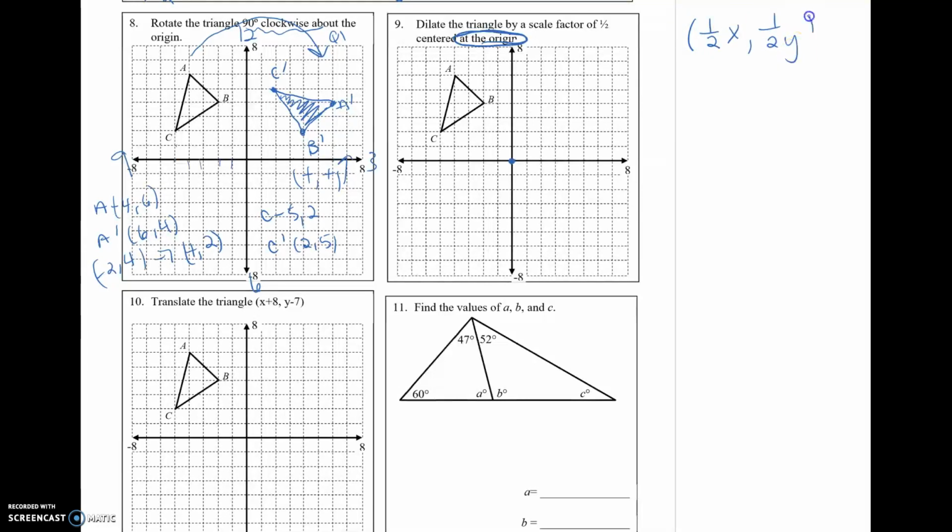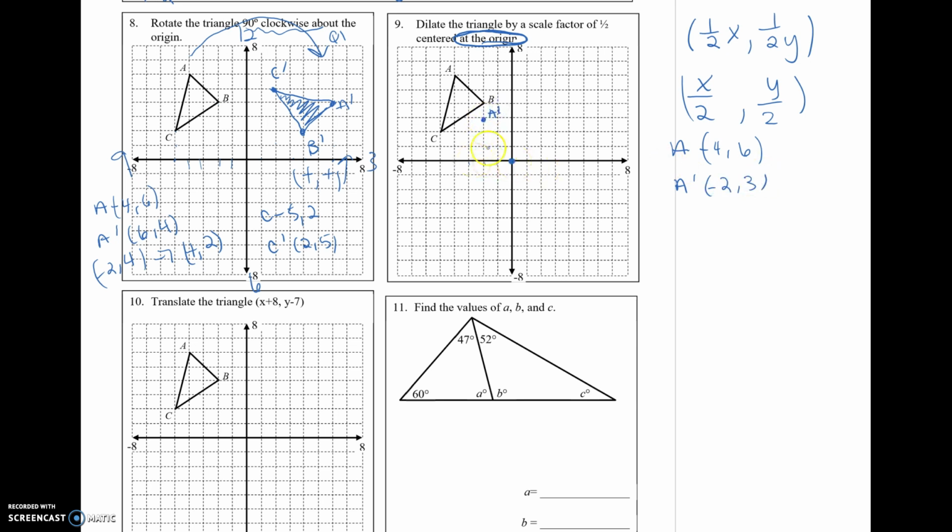And just keep in mind that when you multiply by 1/2, that's the same as just dividing by 2. So if A is originally at -4, 6, and I divide both of those numbers by 2 or multiply by 1/2, A prime is going to be at -2, 3. So I can go over 2, up 3, and there's going to be A prime.